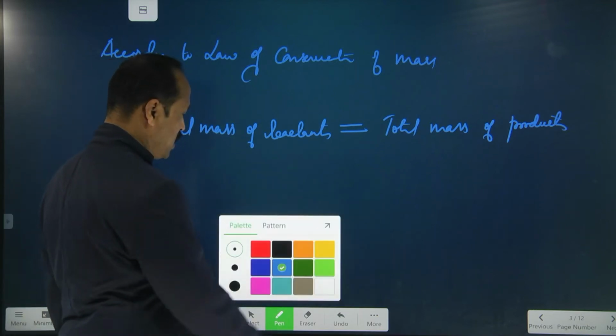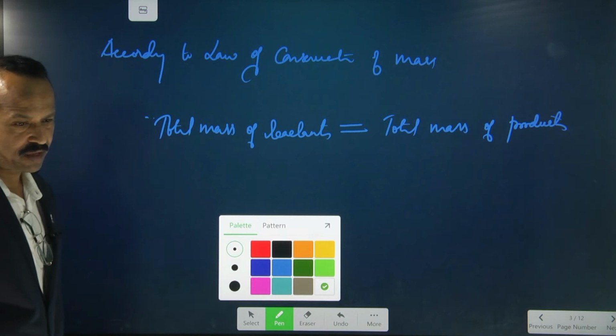The total mass before and after the reaction should be the same. Is this clear to you?